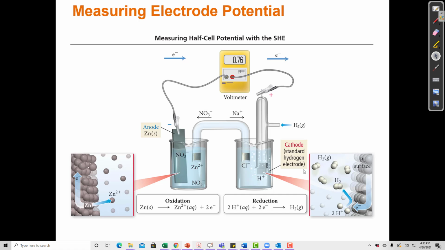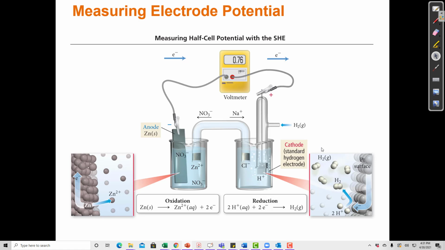So to measure this electrode potential, one way that we could do it is we just hook up the same kind of cell that we have been looking at, a voltaic cell, but instead of putting a light bulb up here, we put a voltmeter that tells us what the voltage is, what the potential is of the electrons moving across this circuit. And on one half reaction of the cell, we hook up the standard hydrogen electrode, where we have H plus, and it's generating H2 gas.